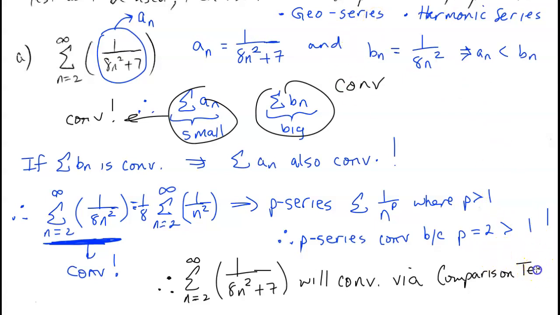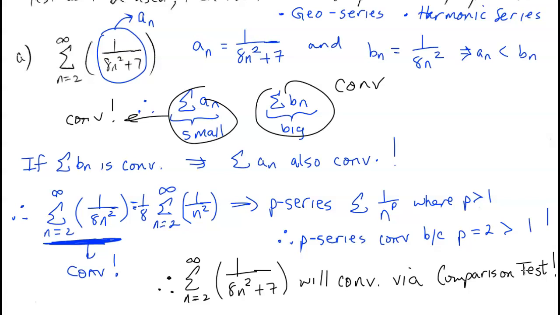And so this is what we will be doing for all the examples that we do in this video. It's just looking at what you have, saying, well, if I chop off some things, but yet it'll still act the same, meaning the sequence that I'm dealing with, then I just come up with a comparative sequence, form a series out of it, and then compare which sequence is bigger than the other.